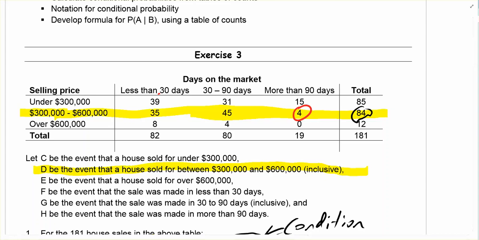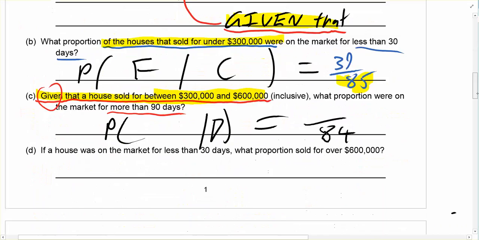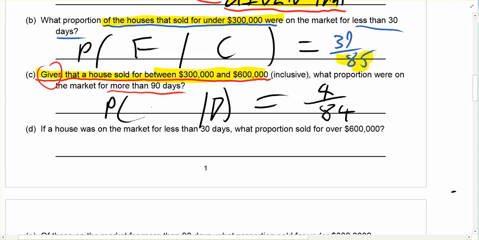And what we're calling the event more than 90 days is H. So it was 4 out of 84, wasn't it? 4 out of 84, and it's the probability of H given D. It's out of the 84. Probability of H given D equals 4 out of 84.